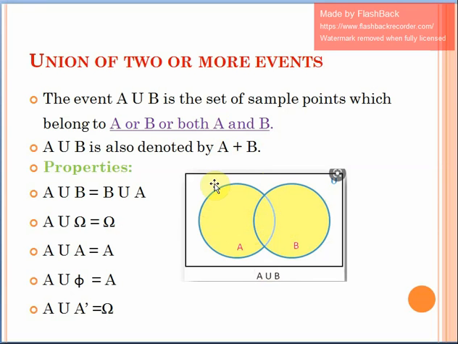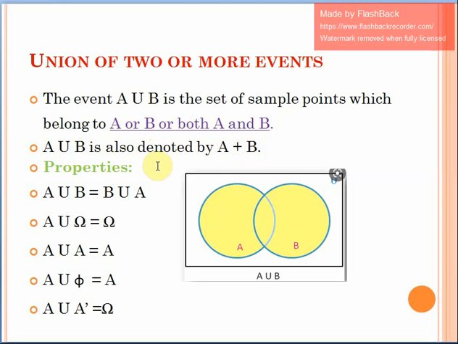This full area is nothing but A union B, and A union B is also denoted by A plus B. You may be aware that union is represented by plus. It is also represented by at least or. All these terms are used whenever we are talking about union: at least, or, union, plus. So these are union of two or more events.